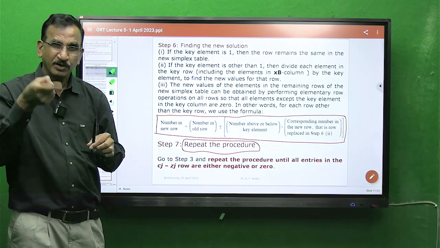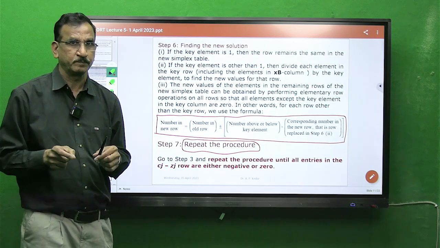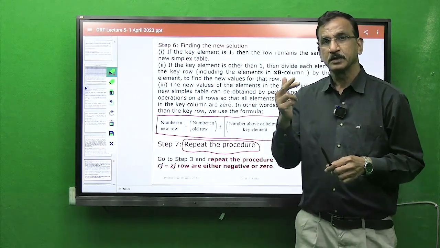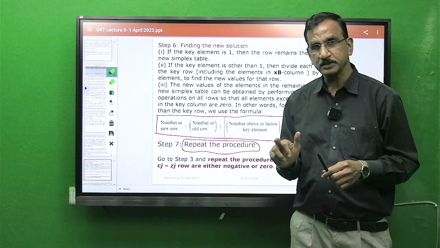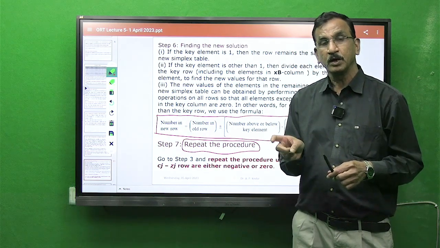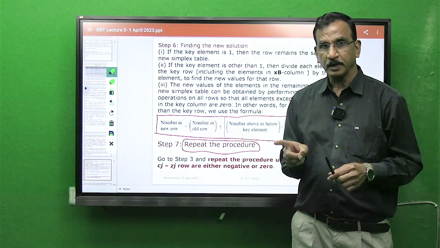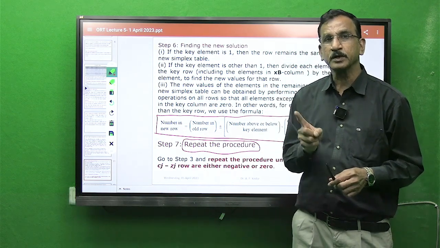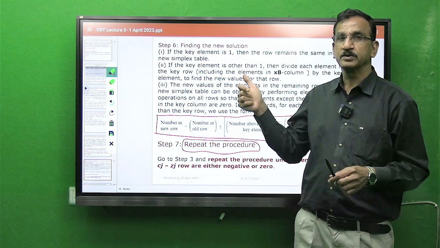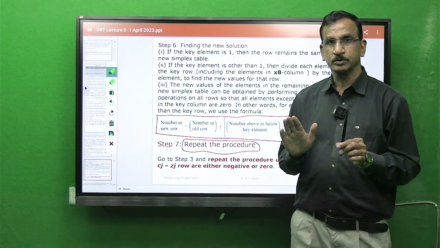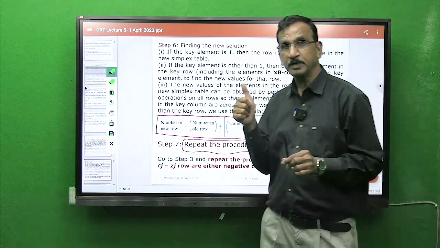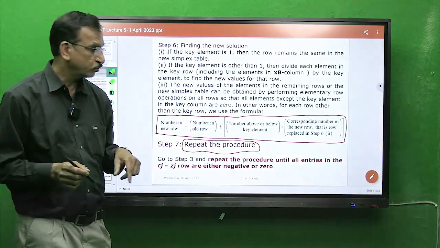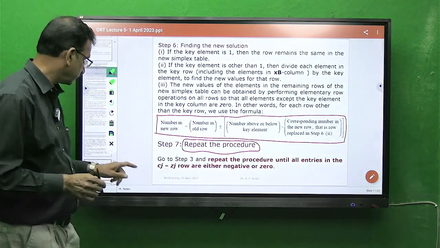Only the algorithm will terminate at the point where the last condition, that is the Cj minus Zj row value, the deciding row value, if all values are either 0 or negative, then only we will say the final optimal solution is achieved for the minimization case. Else, up to that point we have to repeat the procedure.